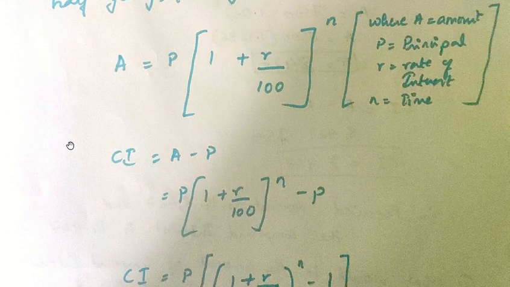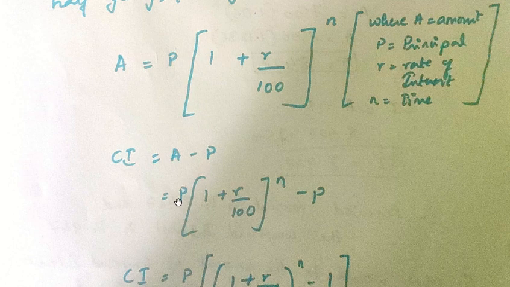So what is the formula to calculate compound interest? Amount is equal to principal into 1 plus rate divided by 100, to the power of time. This is the formula used for the calculation of the amount. So how do you calculate compound interest? Amount minus principal.